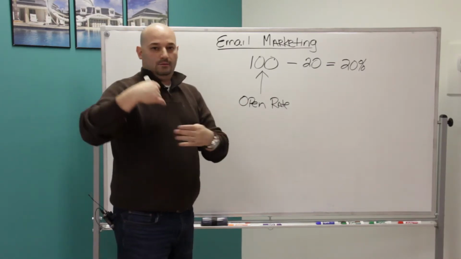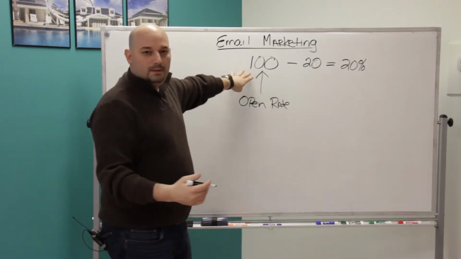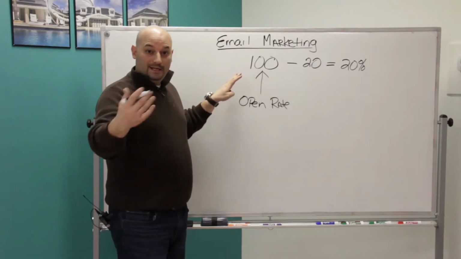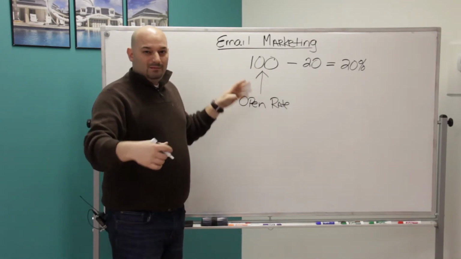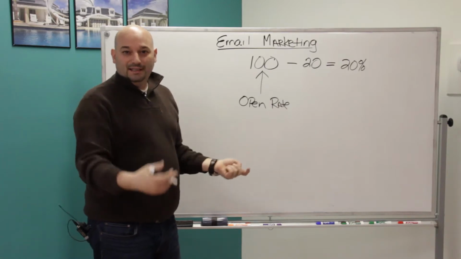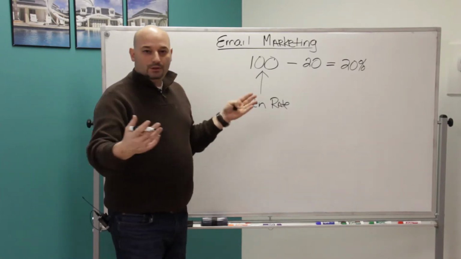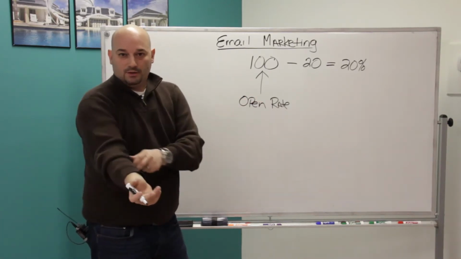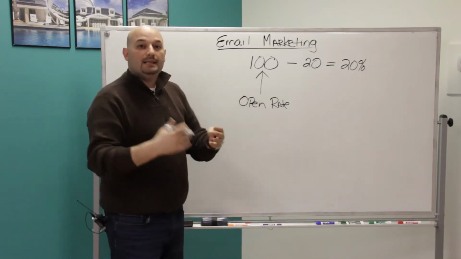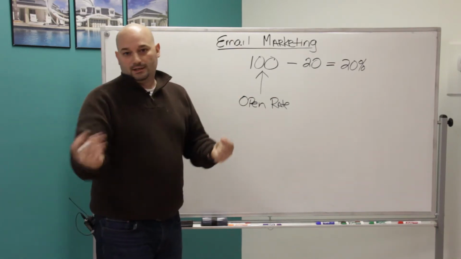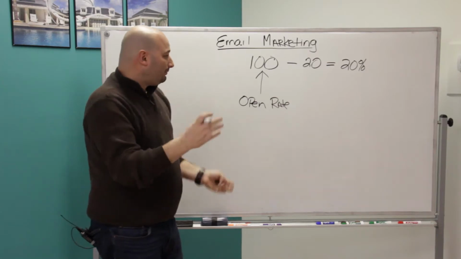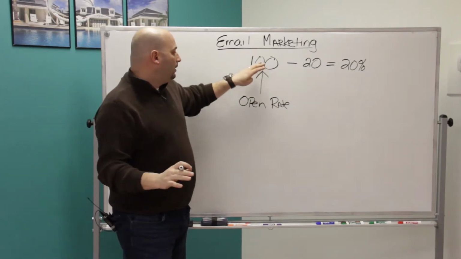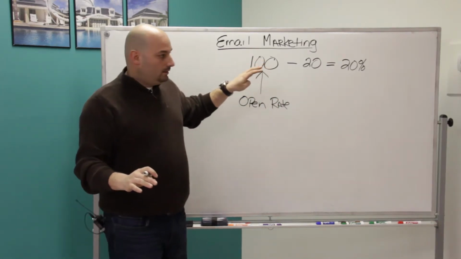So the idea here is that we talked about how important email is. Now, it doesn't mean that when you send out an email, all the people on your list are going to get it, right? Some people will just ignore it and delete it. Some people won't get it for whatever reason. Maybe it goes into their spam. Maybe something that you said in the email caused it to go into the spam folder. There's a number of reasons why everybody won't get this.